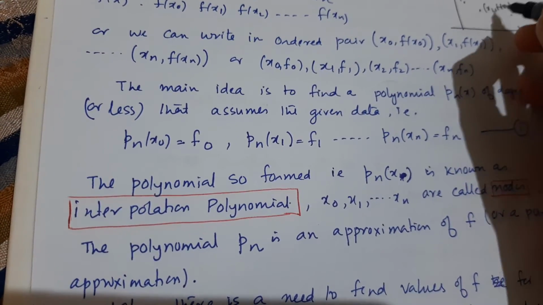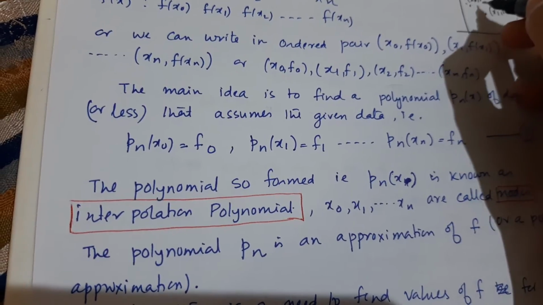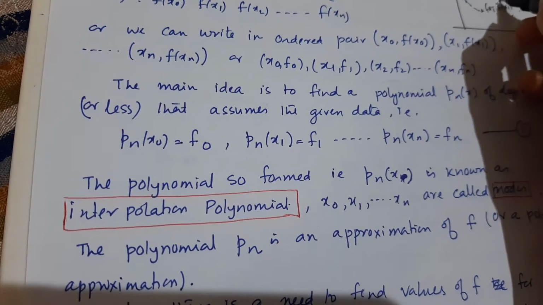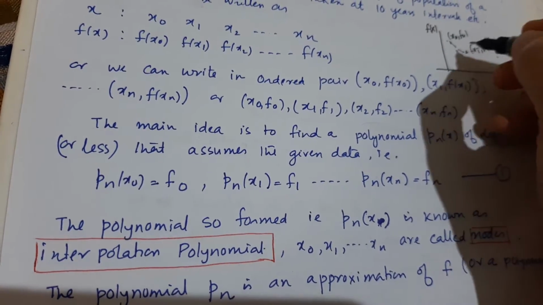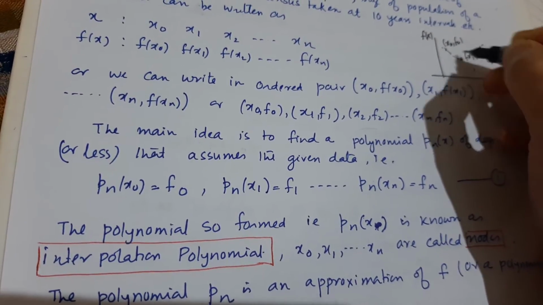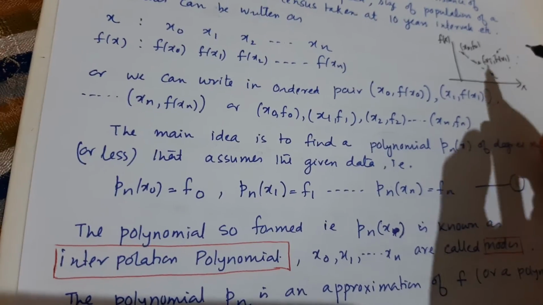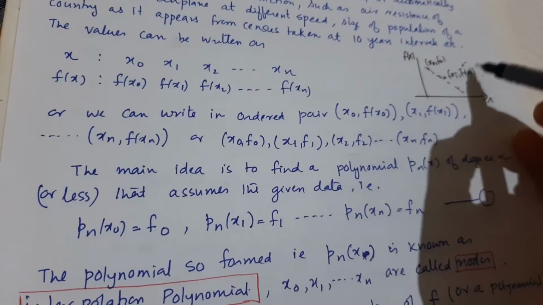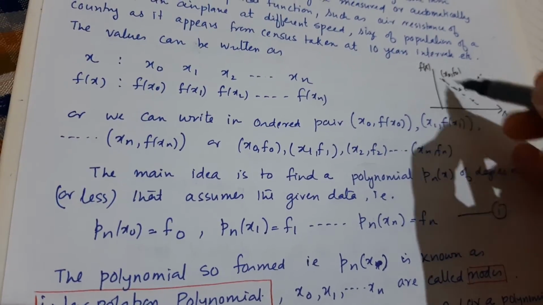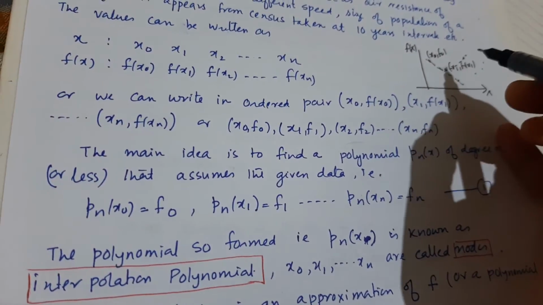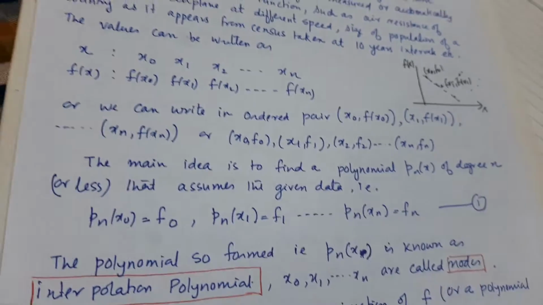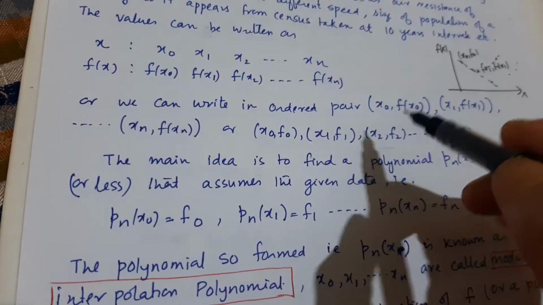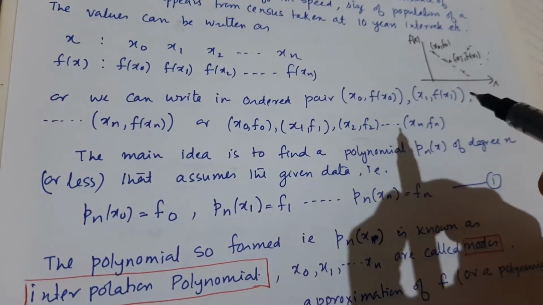Suppose we have 3 points here, we can draw a parabola including these 3 points, or these 3 points can be linear also. So with 3 points we can have at most a 2 degree polynomial or a linear polynomial, and so on. If it is n plus 1 points, we can have a polynomial of at most degree n, or less than n degree.